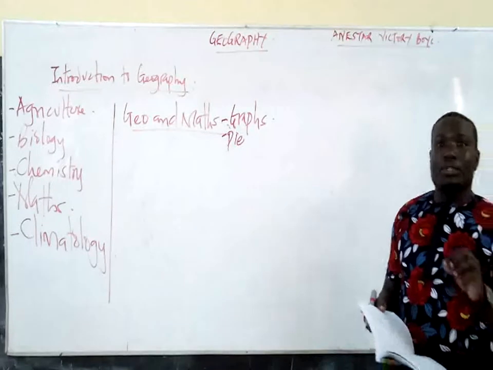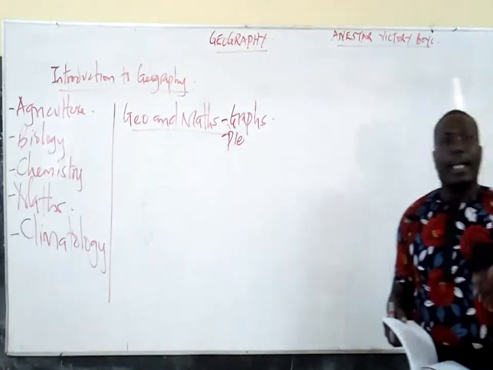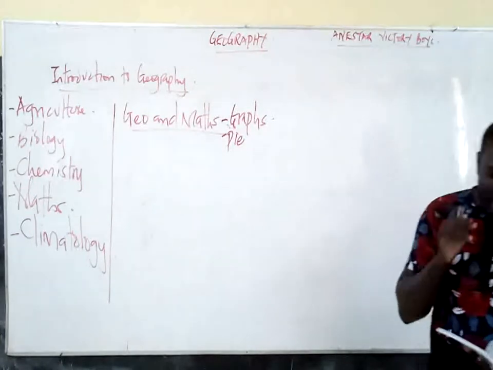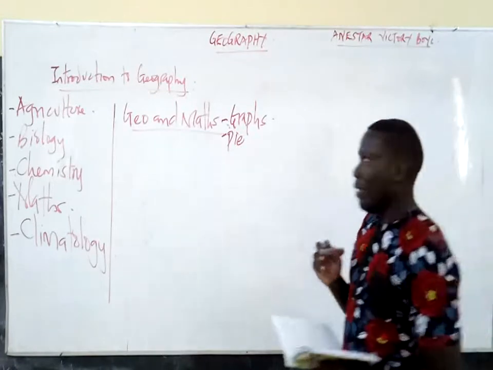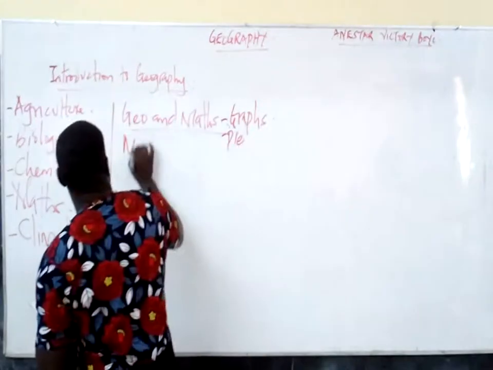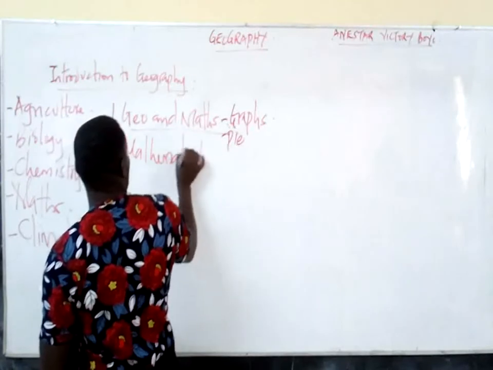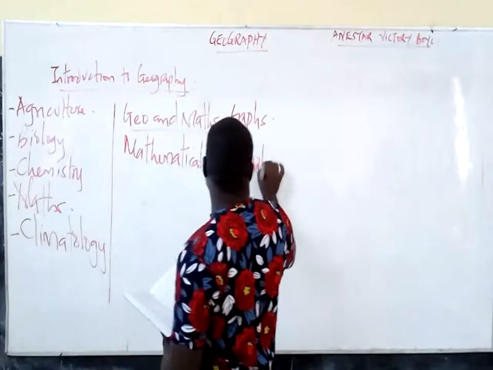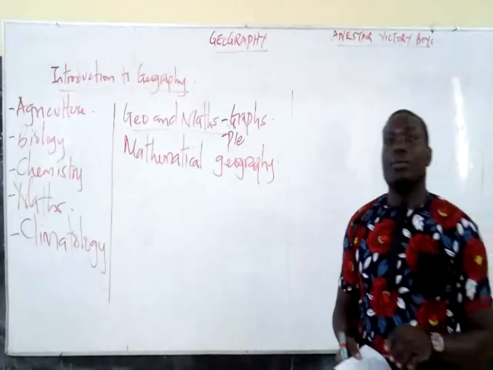So this means that you're going to require the geographical knowledge in doing this. Therefore, when we combine the two disciplines, they give rise to what you call mathematical geography. This is what comes along when we combine the two subjects.